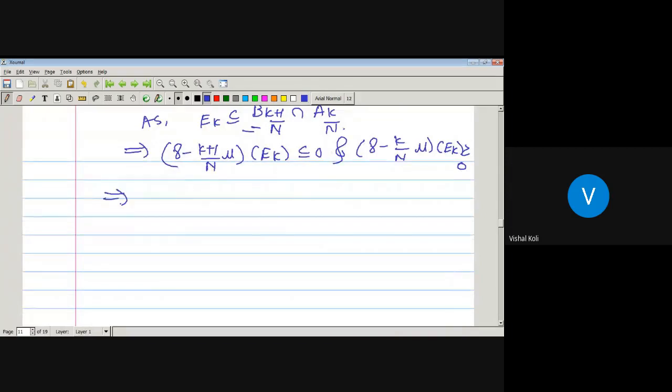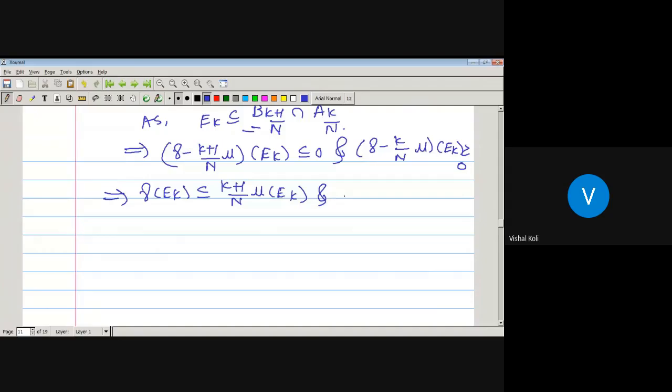After solving this one, we get gamma of E_k is less than or equal to (k+1)/n measure of E_k, and gamma of E_k is greater than or equal to k/n measure of E_k.